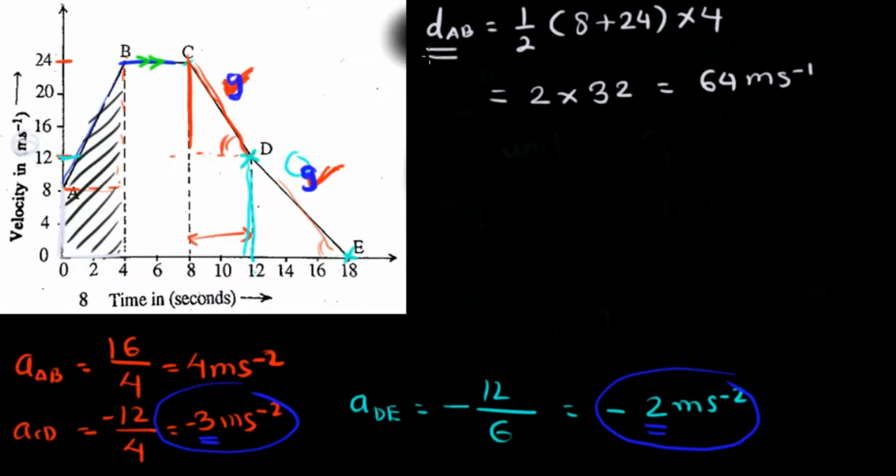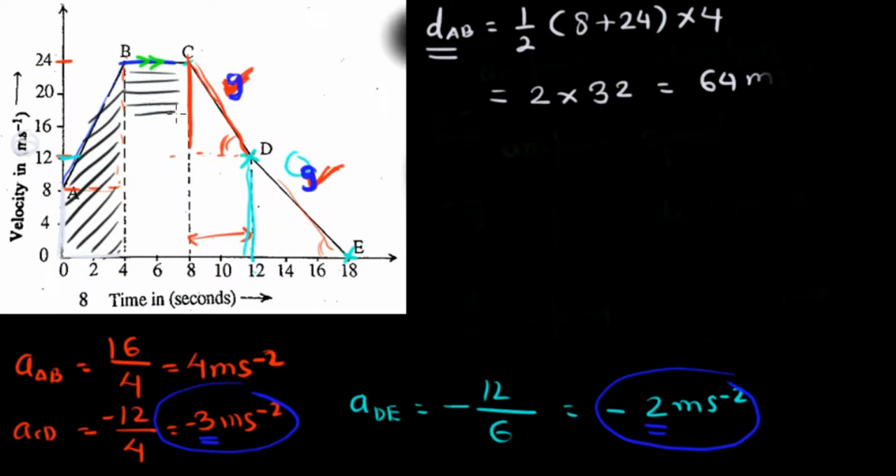But here we are calculating distance, so I will be writing just meters. Now part BC sounds not difficult because it's just a simple rectangle.